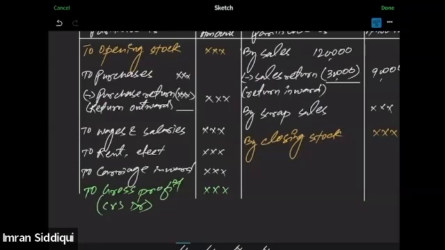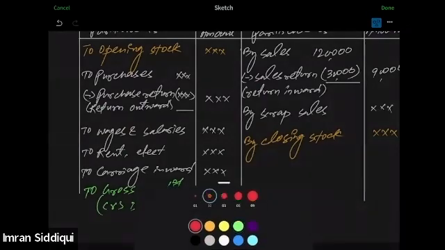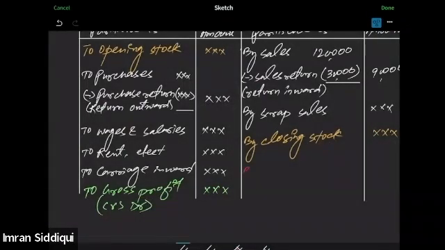Sometimes there may be a situation that the debit side is more than the credit side. It simply means that we have suffered a loss, and that loss, by the name of 'By gross loss', will be shown on the credit side of the trading account. This is when the debit side is greater than the credit.